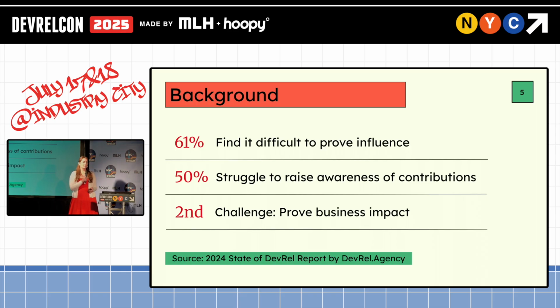Half were struggling to raise awareness about their contributions. And then for the first time, proving business impact jumped to the second largest challenge. So if I built a model, maybe it wouldn't just be useful to me. Maybe there were people out there that wanted to prove their impact and ultimately make their work more visible and more valued.